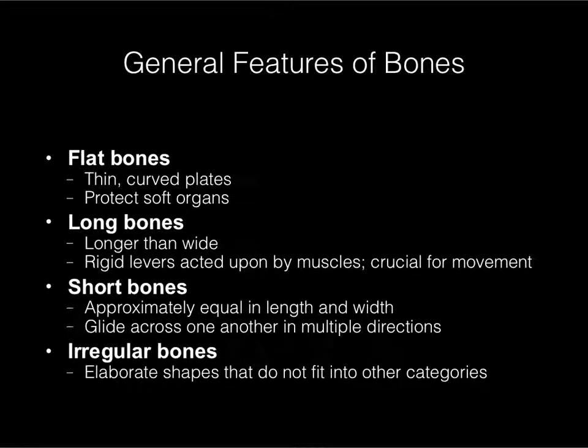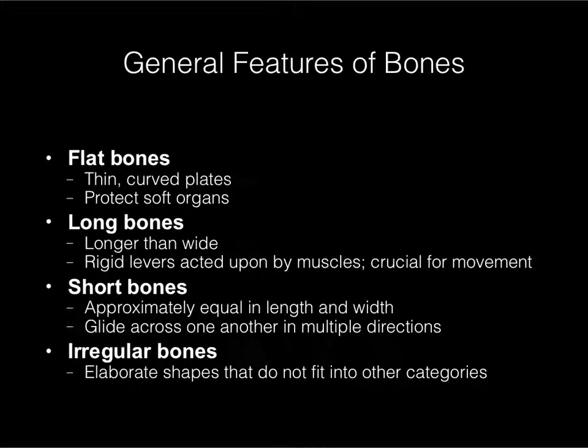Short bones. Short bones are about as tall as they are wide. There are a number of short bones in your body. The carpals in your wrist are short bones. Your vertebrae could be considered short bones, though they're also kind of irregular.